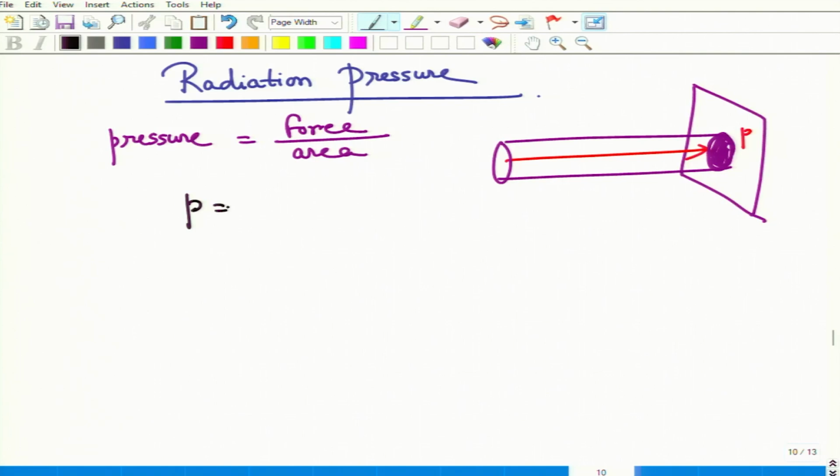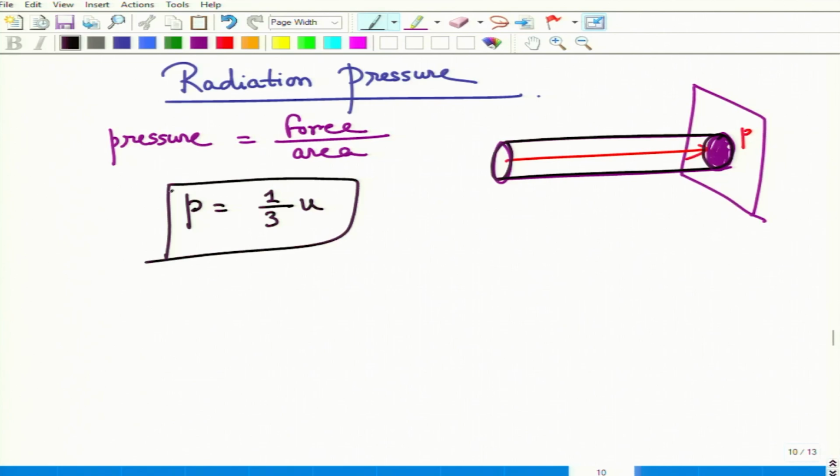The pressure P will be 1 by 3 U, where U is the energy density. As we discussed before, the total energy stored in the volume is U times C per second, so the force should be related to the energy density U. I am not going through the derivation, but the form is P equals 1 by 3 U, and this is a very important relation. This is called the radiation pressure, and U is the energy density.